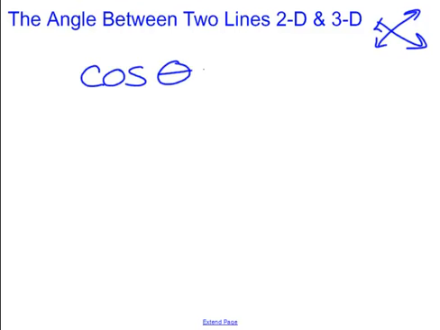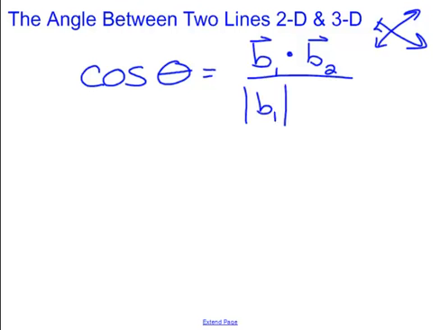The cosine of theta equals vector b1 dot vector b2 over the length of vector b1 times the length of vector b2. The last piece we're going to add in here are absolute value bars.